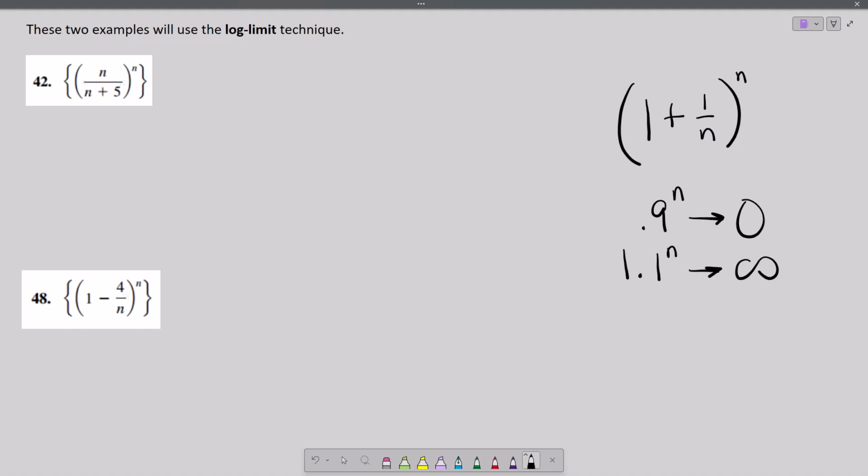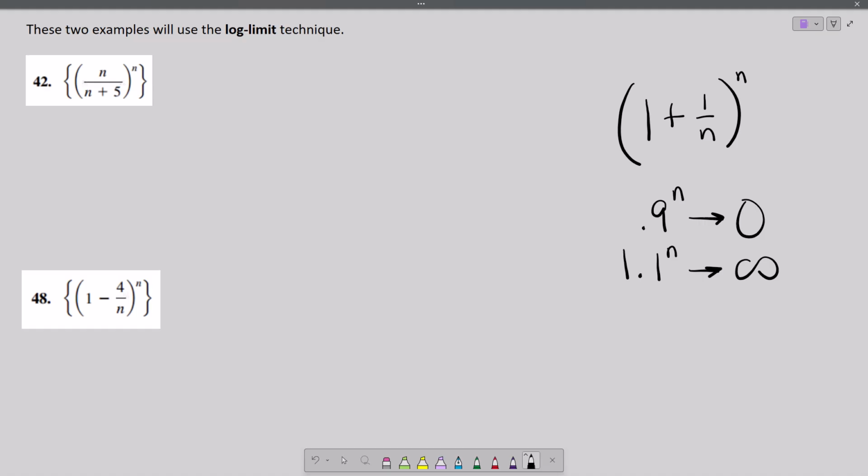When you look at this, the base, 1 plus 1 over n, is always positive, and it's always bigger than 1. So most college algebra students would say, the limit's probably infinity, although they might not use the word limit. Right? Because this is always bigger than 1.